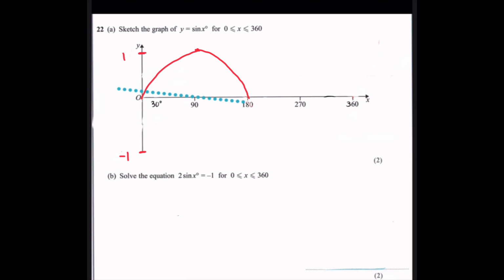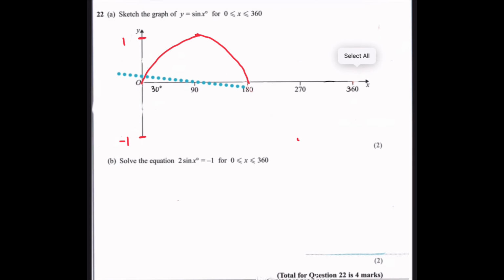Then at 270, it gets to minus 1, and then it goes back to 0 at 360. Obviously, make it look a bit smoother, but this is the gist of the graph. So this is my sine graph. I've just got 2 marks for that, for free.